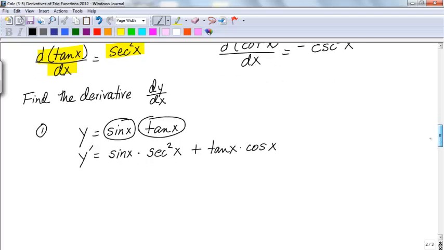Okay, so to simplify this, you've got to go back and remember, one of the things we did in trig identities was, if all else fails, get everything in terms of sine and cosine. So this sine, I would leave the same, times secant, which is a reciprocal with cosine. So the secant squared would be the same as 1 over cosine squared.